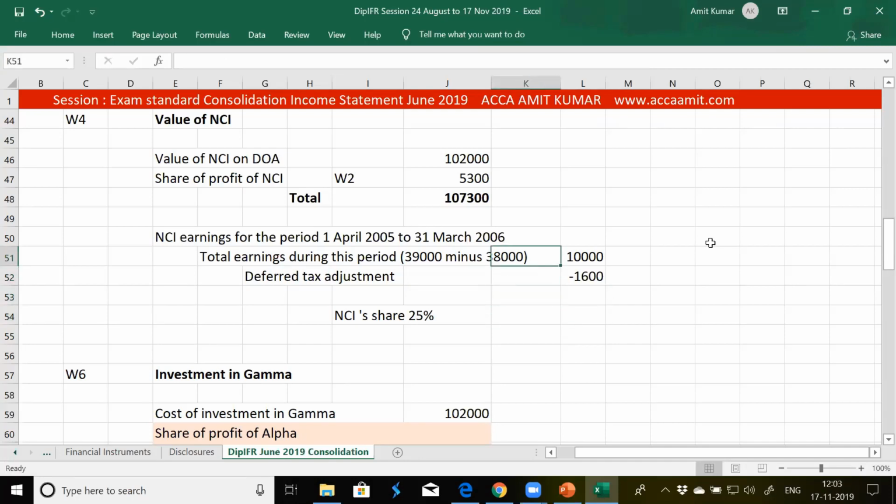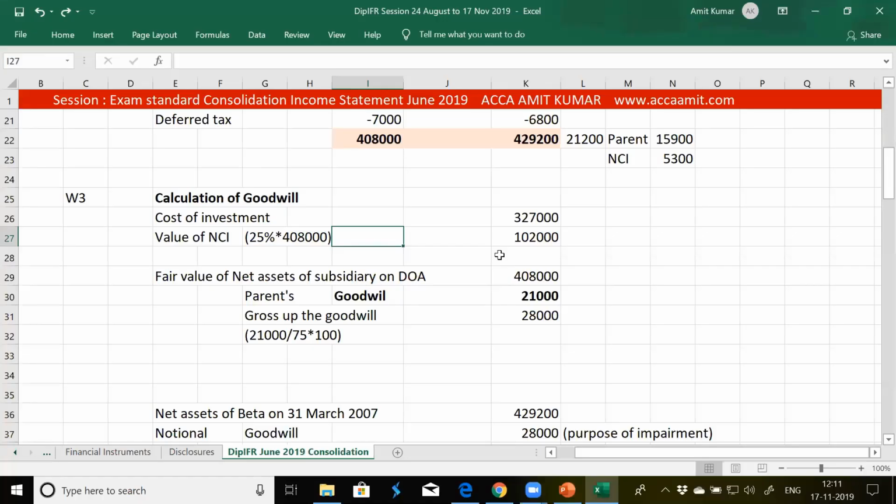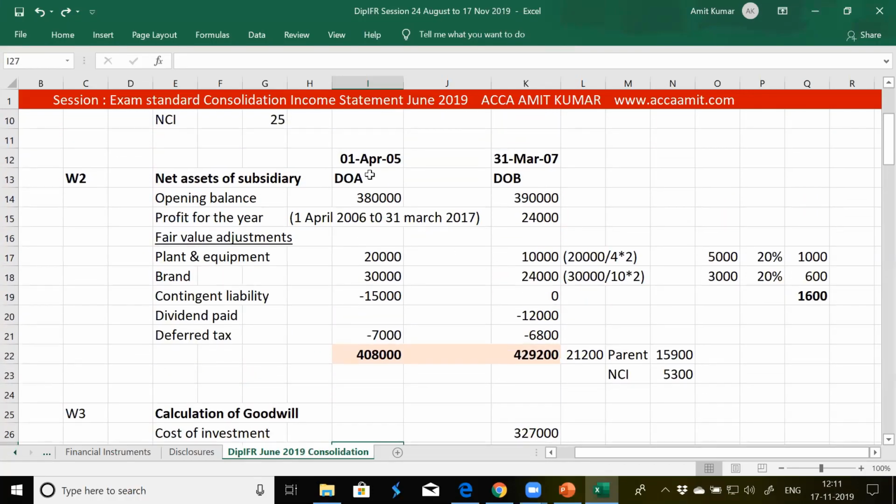NCI's share, 25% of it, 8,400. 25% of it equals to, okay, let's not confuse ourselves here. This is fine. As far as balance sheet is concerned, this is the movement from the date of acquisition to the date of balance sheet. We have done it perfectly well.